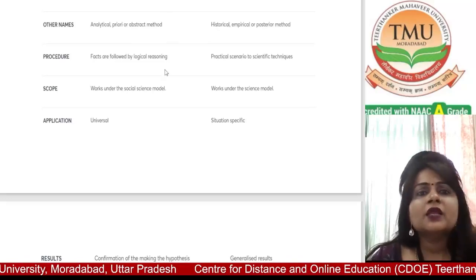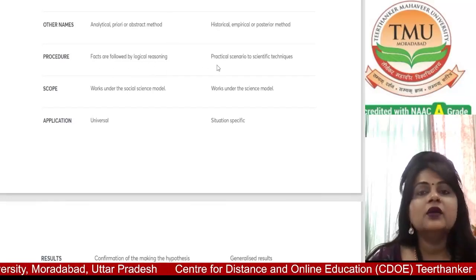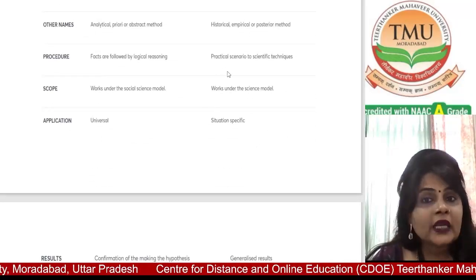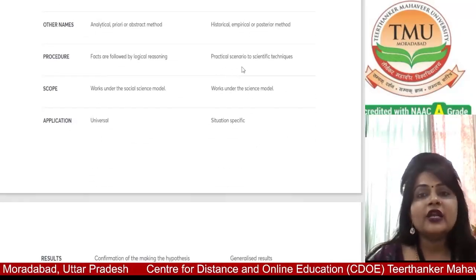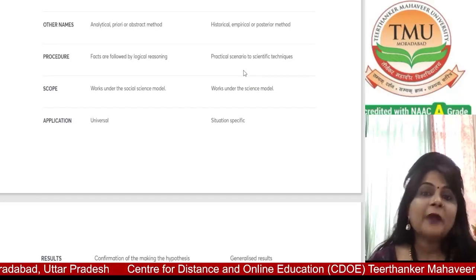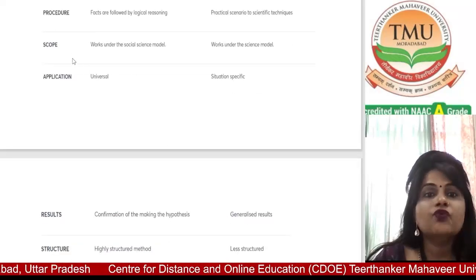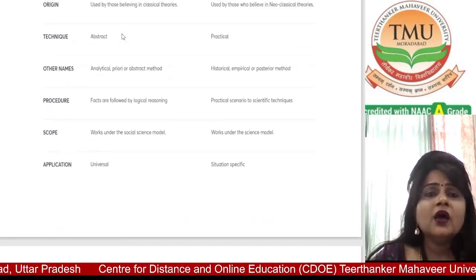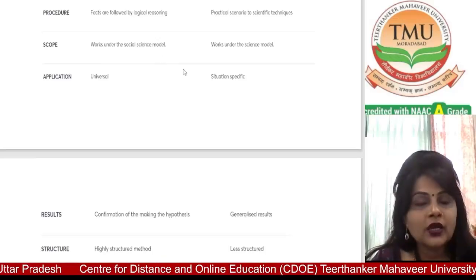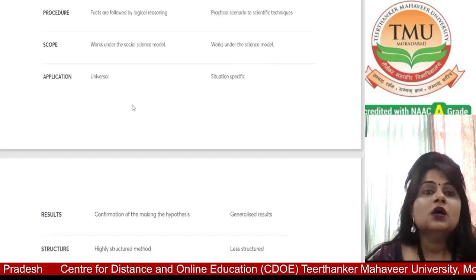Next, in the deductive method, facts are followed by logical reasoning, and in the inductive method, the practical scenario comes first, followed by scientific techniques. In the deductive method, it works under the social science model, while the inductive method works under the science model.